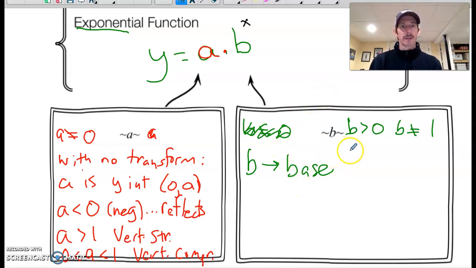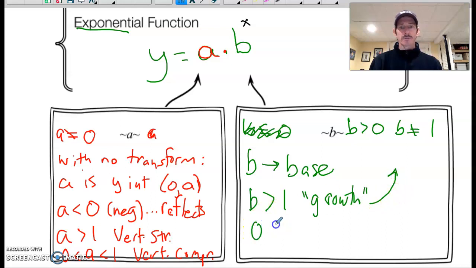Eventually, it will help us to recognize what our growth or decay factor is. At this point, if B is bigger than 1, we are going to have what we're going to call growth, which means we're going to shoot up very quickly.